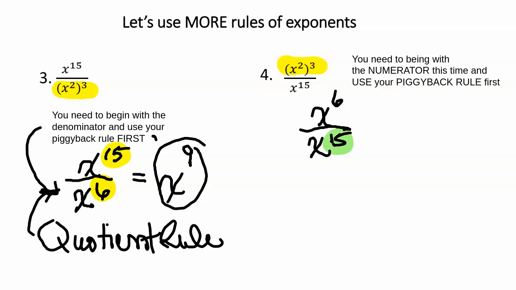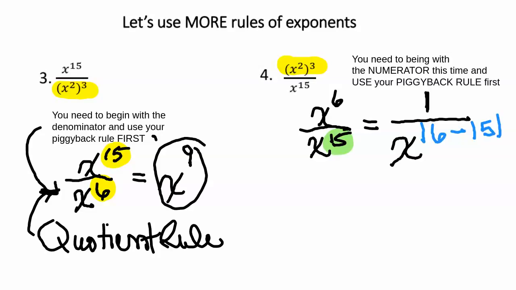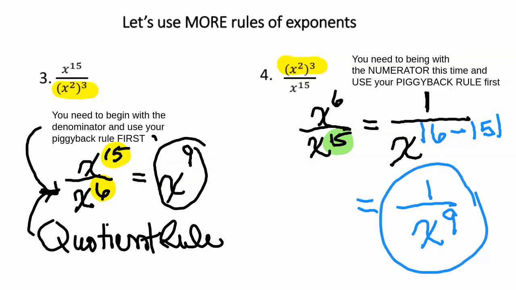15 is in the bottom. Well, when 15 is in the bottom, 1 has got to go up here. X is still going to be here, but I'm taking the absolute value of 6 minus 15 in the denominator, which means I have 1 over x to the positive 9th power.